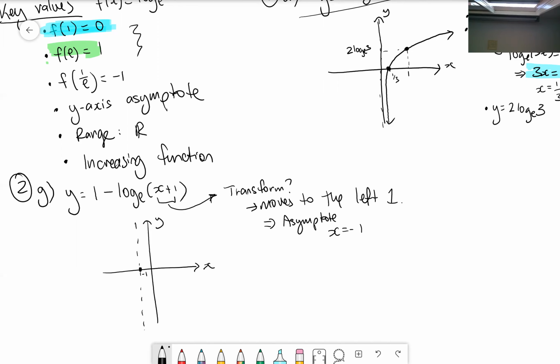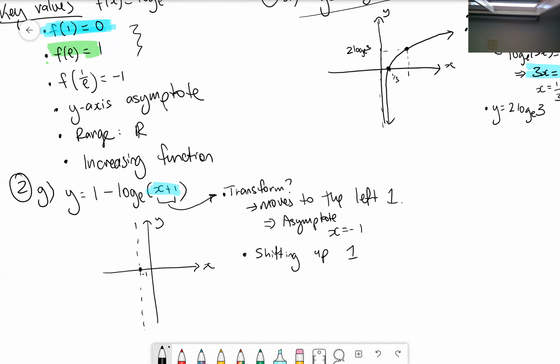So we've done our asymptote. What do we know about our shifting up and down? It's going up 1. Great. But it's negative, so it flips. Yeah, awesome.